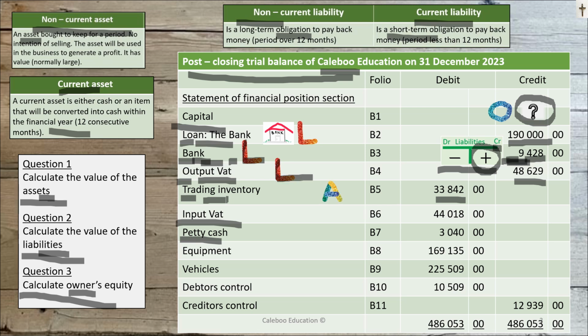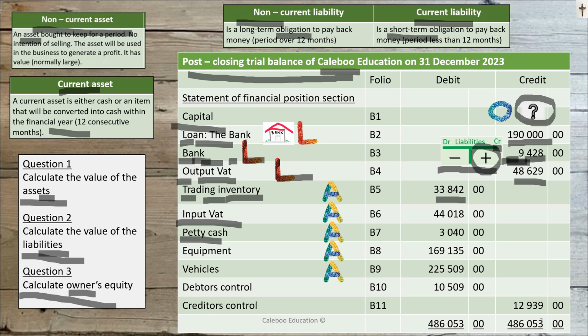Trading inventory has value. It's an asset. It's a current asset. Input VAT is an amount of money we can claim when we buy goods that are used in the operation of the business. Petty cash fits the definition of an asset. Equipment fits the definition of a non-current asset. Vehicles, non-current asset.